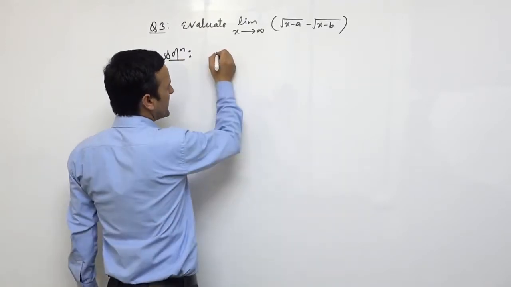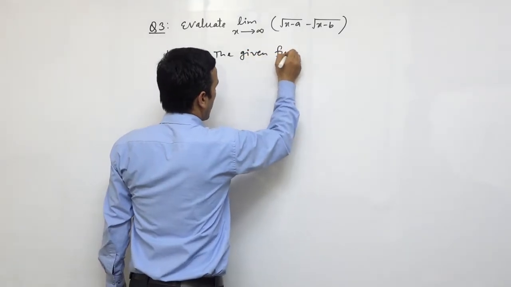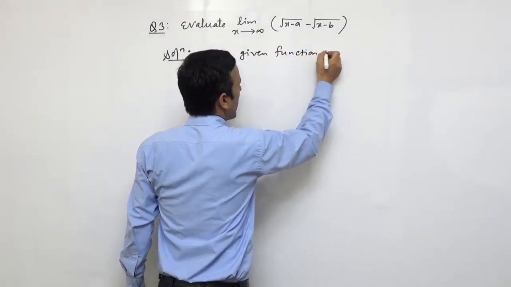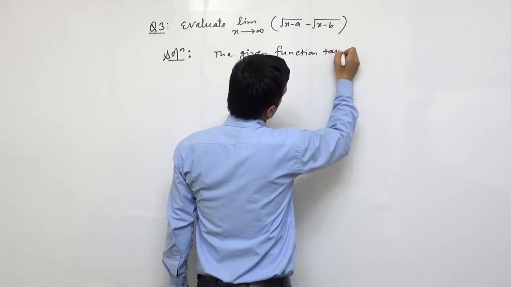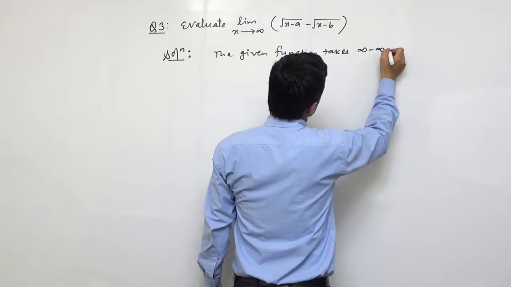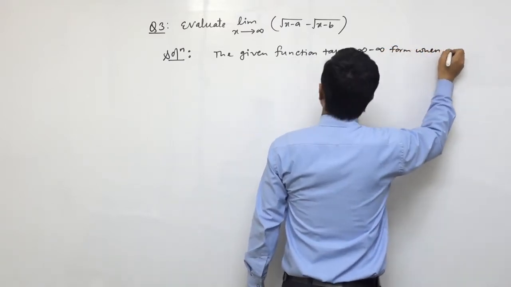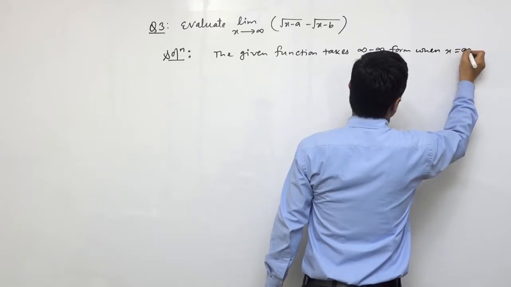So the given function takes infinity minus infinity form when x is equal to infinity.